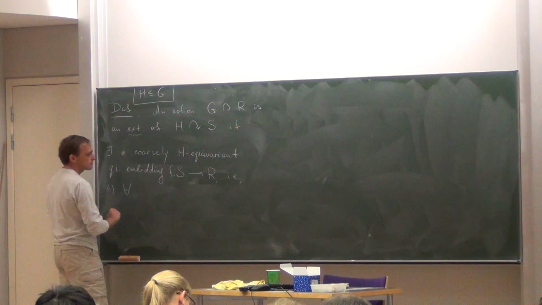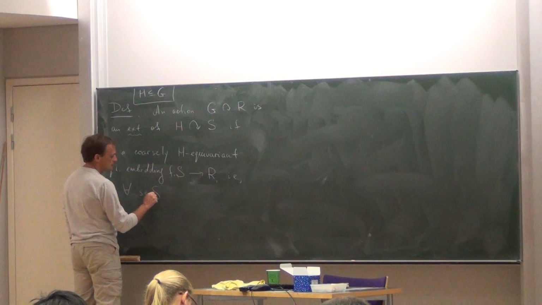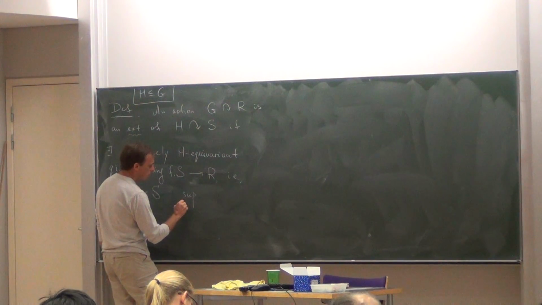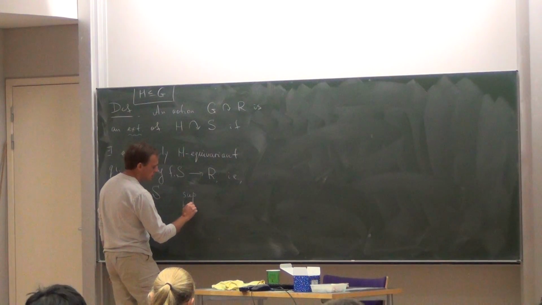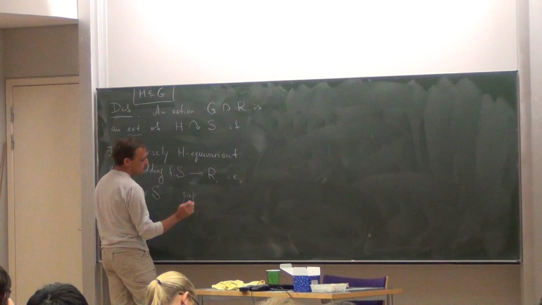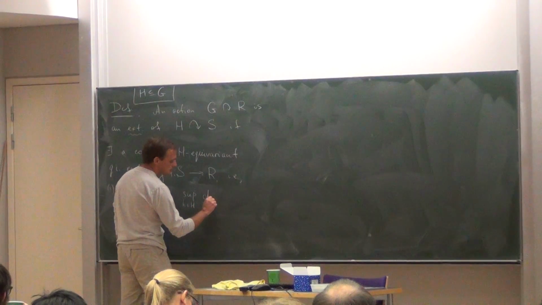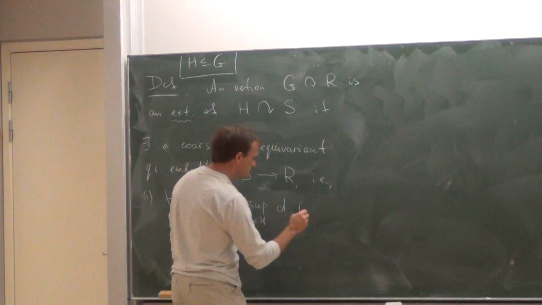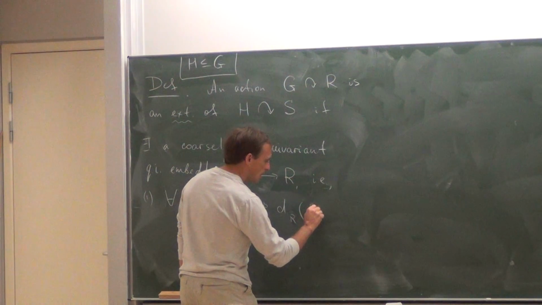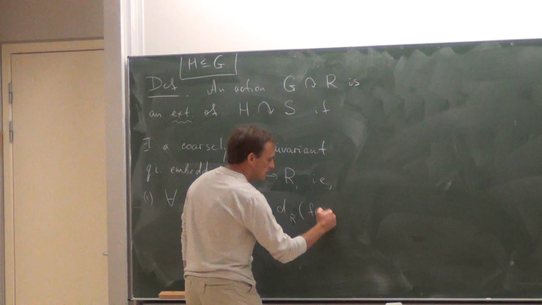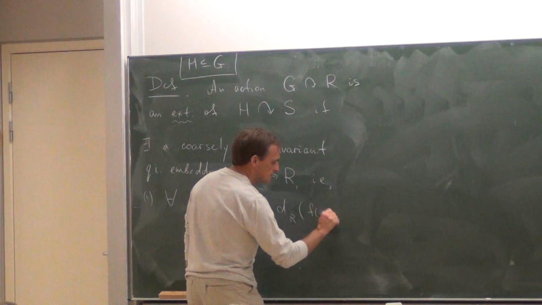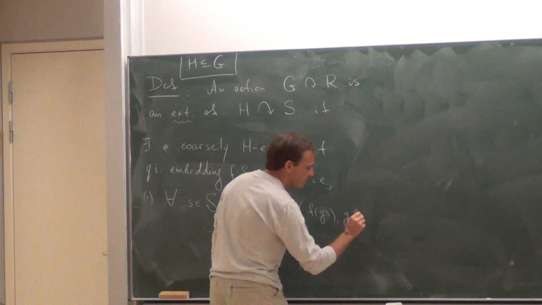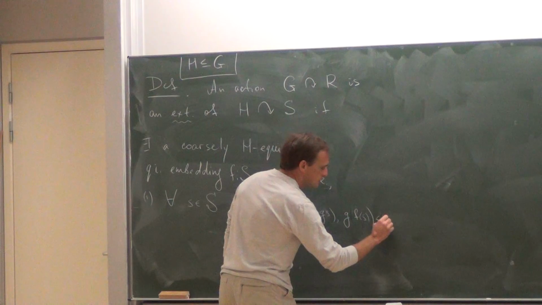For every s in S, if you take the supremum over all h in H of the distances in R between F of hs and h times F of s, that's finite.